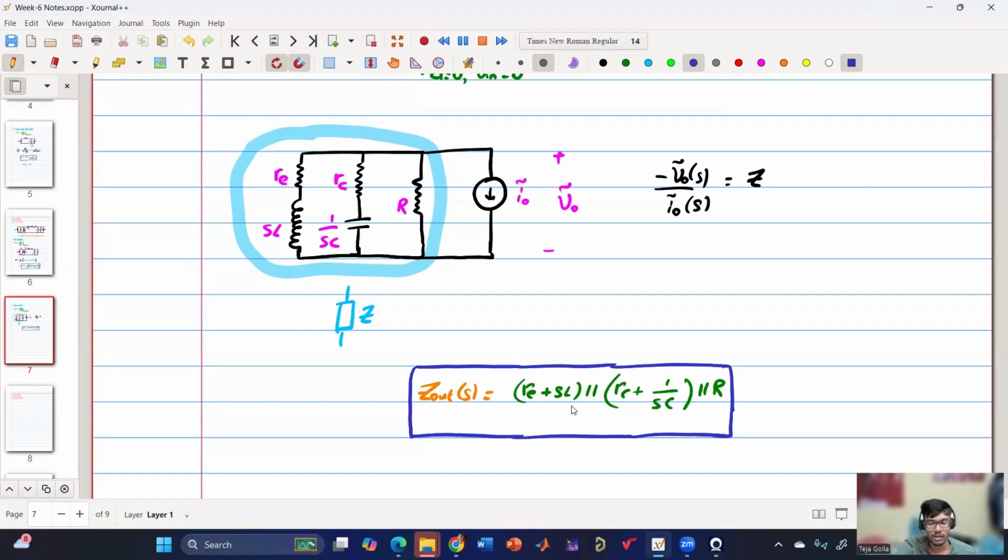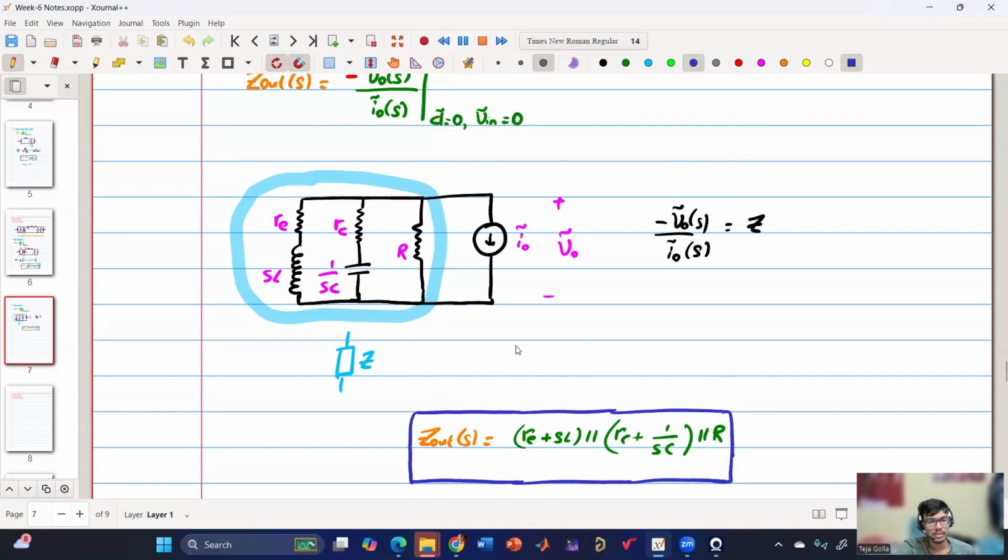So depending upon the value, sometimes we can make the assumption of ignoring them because they are farther away and will not have much impact. But sometimes, depending upon the location of the other poles, we might have to consider them if they are close to the imaginary axis.